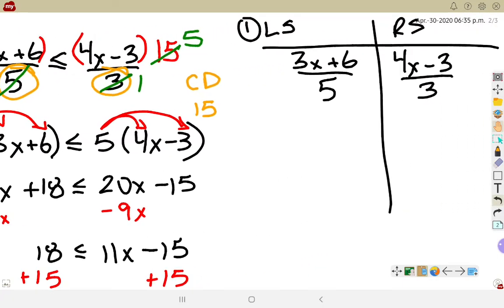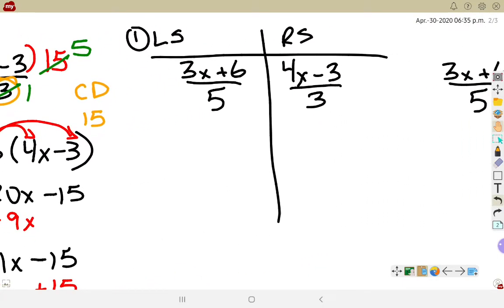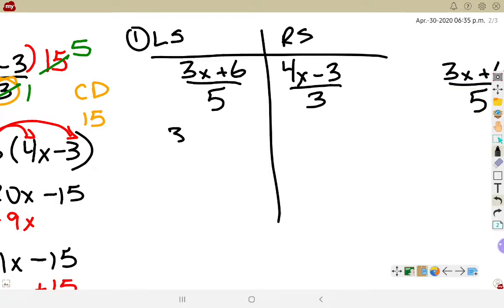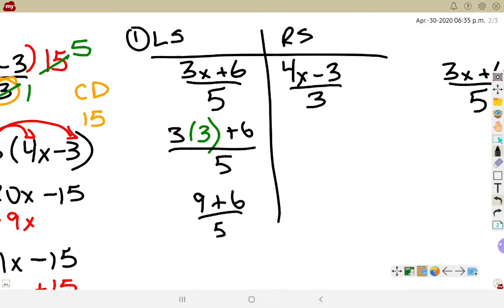Regardless of the way you solve it, we said that 3 was our boundary point, so I've got to go back in and make sure that if I put that boundary point back in, we do in fact have a left side equal to the right side. So I'm going to put that boundary point of 3 back into my fractions. So 3 times 3 is 9, 9 plus 6 is 15, and 15 over 5 is simply 3.